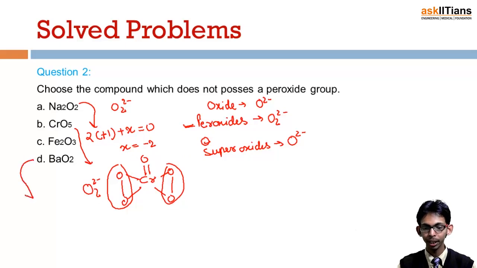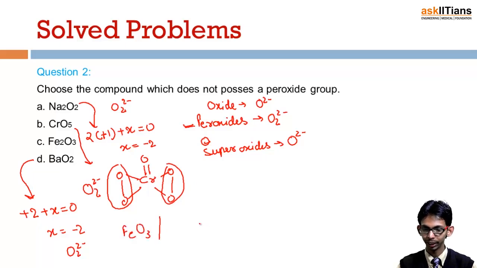If we see this barium dioxide, we know this is an alkaline earth metal, the group 2 elements. It would be +2 plus, let's say, for oxygen it is x equals 0, or x is again -2. So it also contains O2 2 negative ion, so it is also a peroxide. Let's finally talk about Fe2O3.